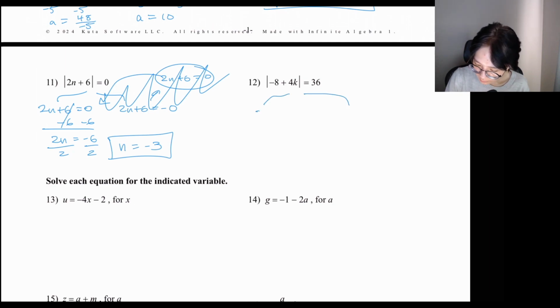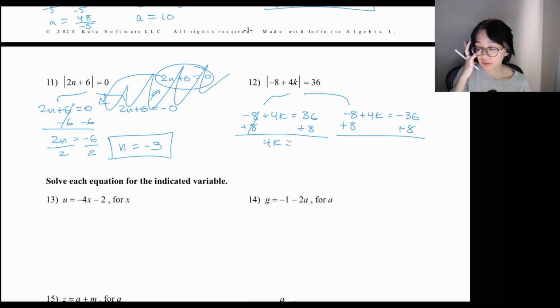More absolute value. Negative 8 plus 4k equals positive 36. Negative 8 plus 4k equals negative 36. PEMDAS, addition, subtraction first. I'm going to do both of these at the same time. 36 plus 8 equals 44. 4k, negative 36 plus 8 equals negative 28.